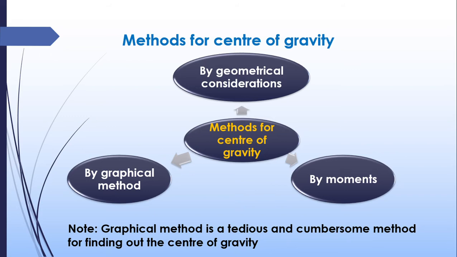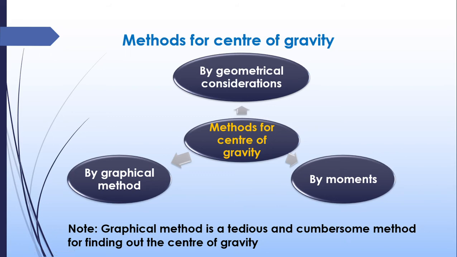Now, how to find this center of gravity? There are mainly three methods. First, by geometrical considerations, by the geometry of the figure, whether it is a circle, a triangle, a rod, or a cone. According to the geometry, we can find the center of gravity by using some equations. Second is by taking moments. You all know what is moment.